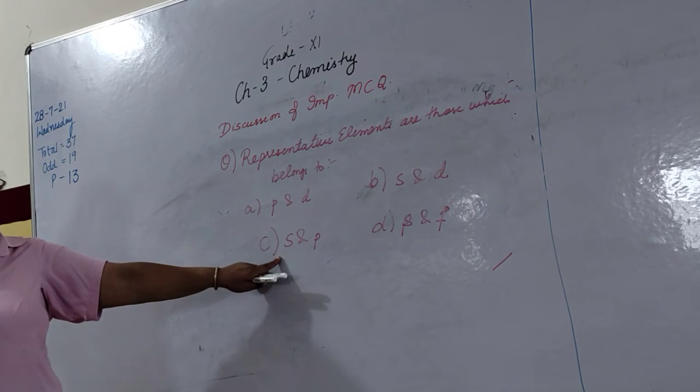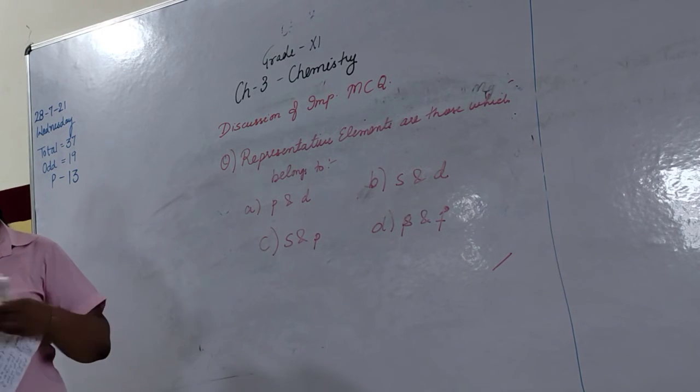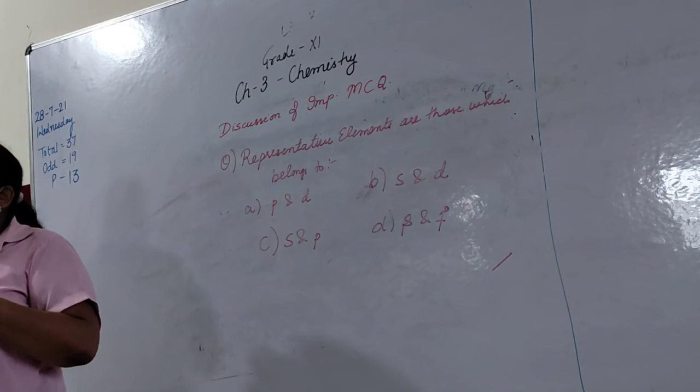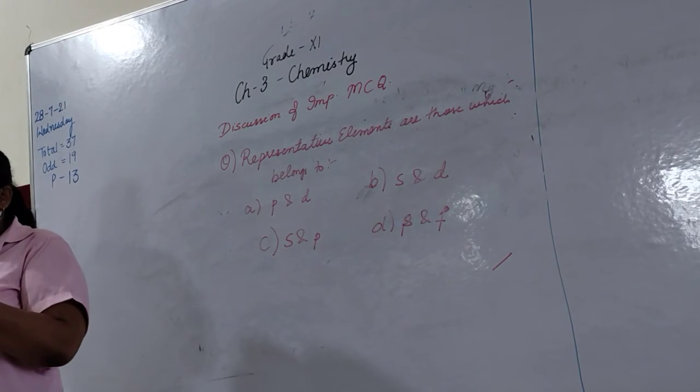Representative elements are S and P block elements. Fine. Group 1, 2 and groups 13 to 18. These are your representative elements.